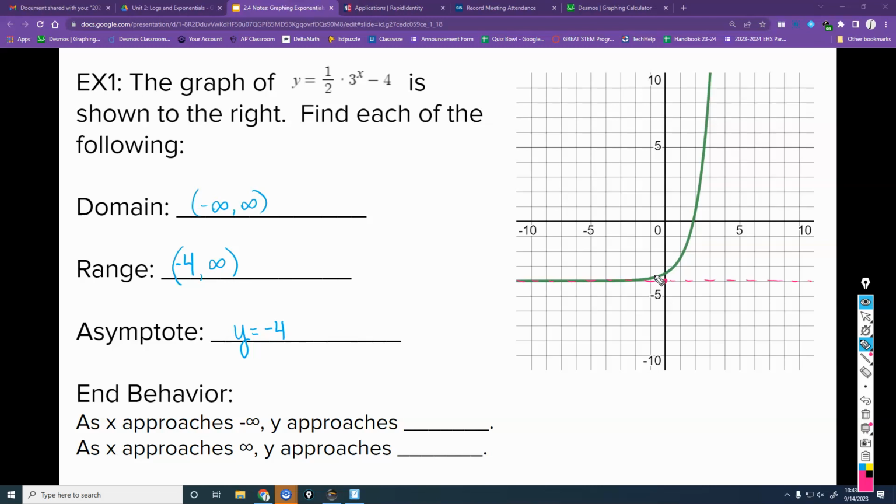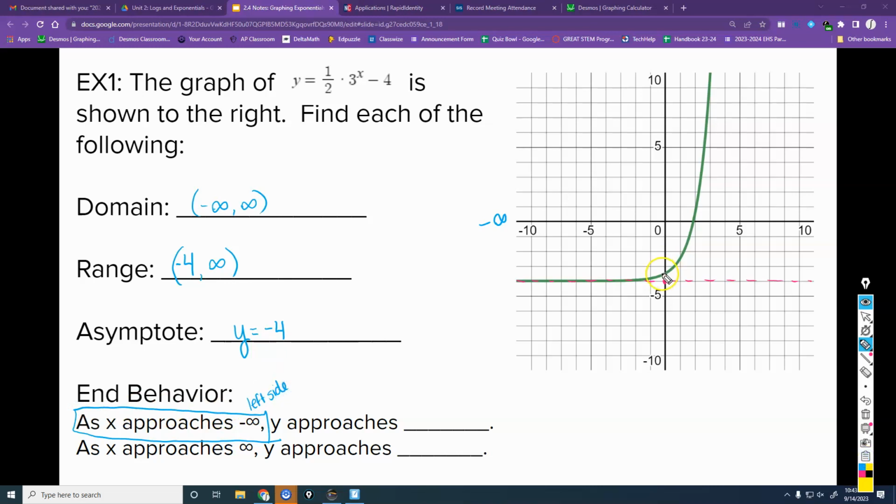All right. End behavior we haven't looked at yet, so let's talk about this a little bit. As x approaches negative infinity, okay? Negative infinity is over here on the left side. So when we see this part, it'll always look like that at the beginning. As x approaches negative infinity, that means the left side. Okay?